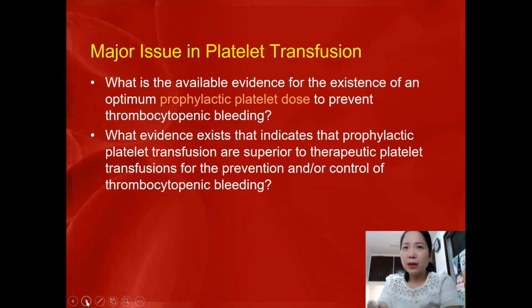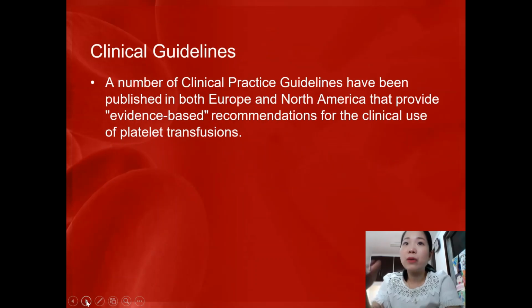However, there have been several issues regarding this platelet transfusion. Is there an optimal prophylactic platelet dose to prevent thrombocytopenic bleeding? Or is prophylactic platelet transfusion superior to therapeutic platelet transfusion? So, several guidelines have been created in both Europe and North America, and these are evidence-based recommendations for the clinical use of this platelet.